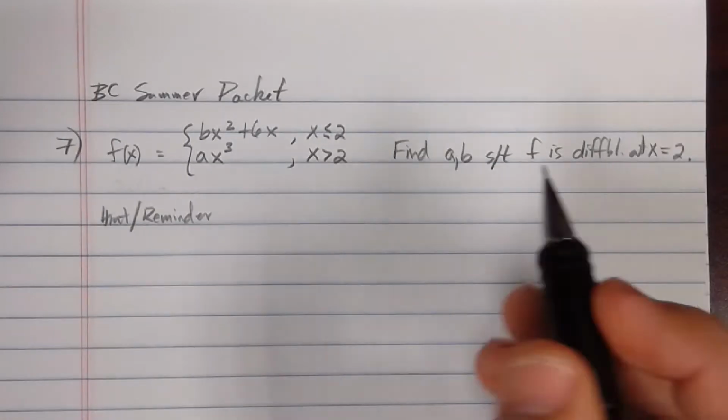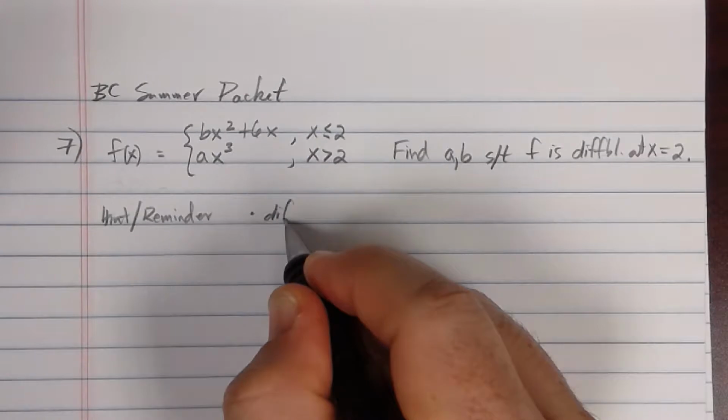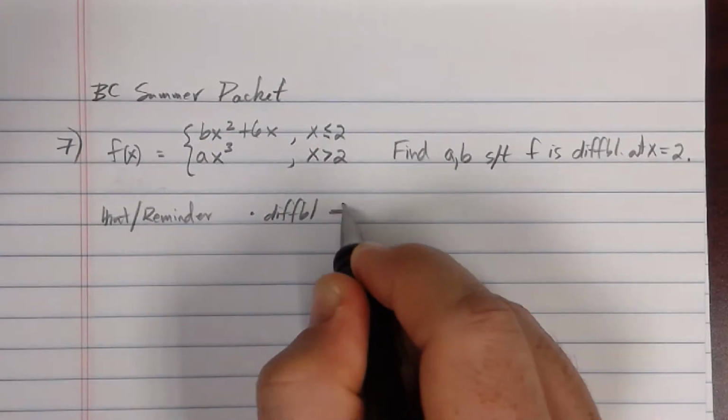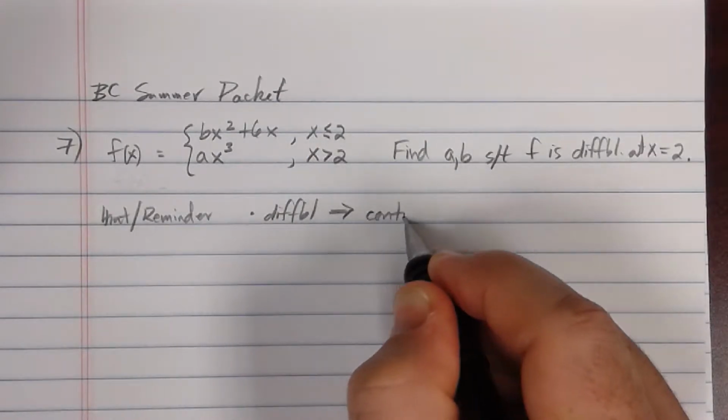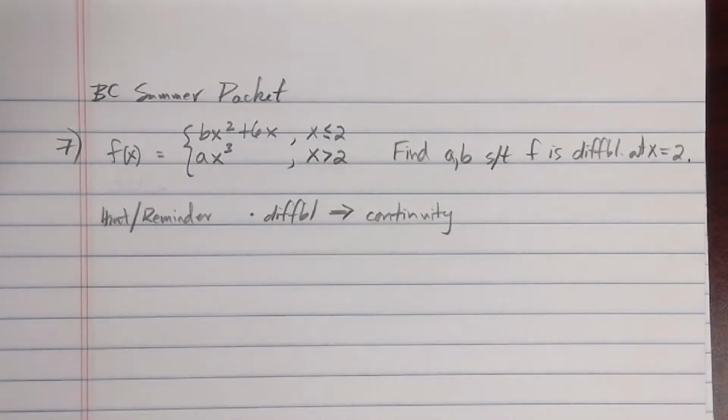The first thing to remember is that differentiability implies continuity. So one of the things we're going to have to do here is ensure that f is continuous first, and that will give us one piece of information that we can use.